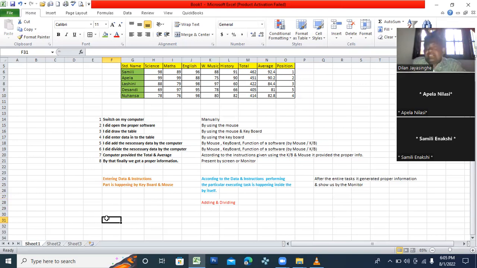These three major sectors are common, and these three major processes are common for each task that are happening by the computer.